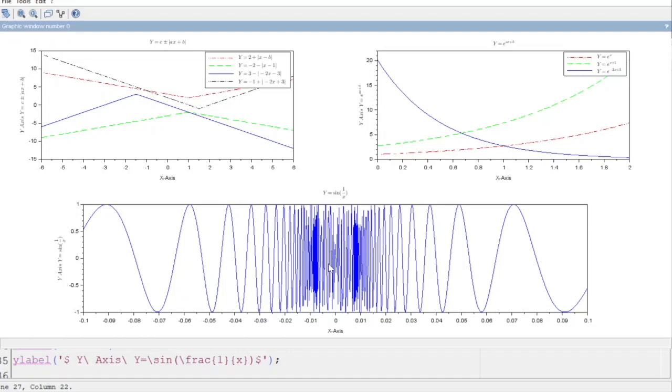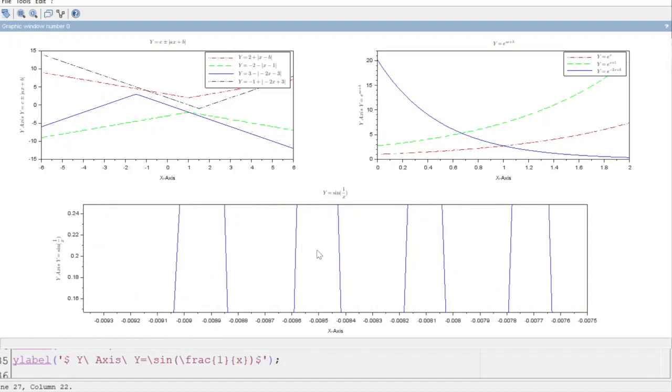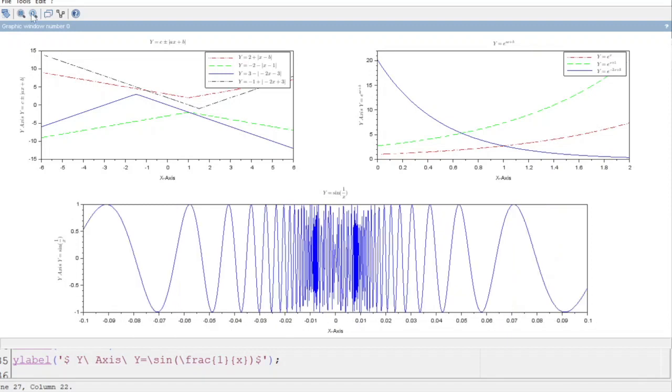This becomes too congested. Actually these are not a solid area. If you focus on them, click here, and this small area I clicked. See, these lines are like this, but they are very close.